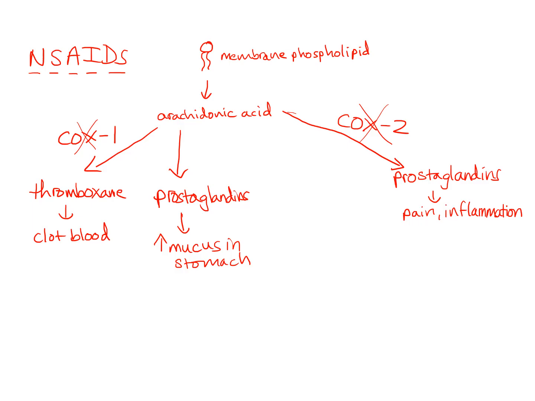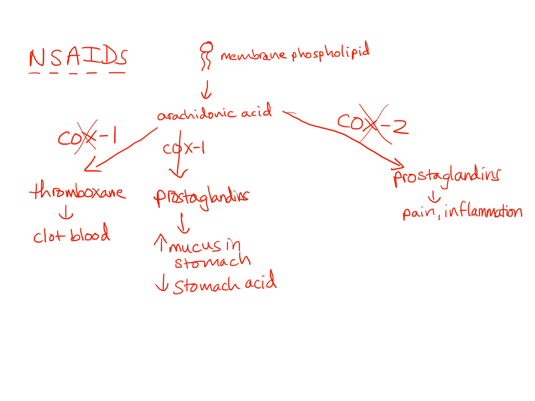And that mucus layer in your stomach is actually important because it protects your stomach from the stomach acid. And the prostaglandins will also decrease the amount of stomach acid that you're producing as well. So that's all good, okay? So the COX-1 enzyme will also do that.